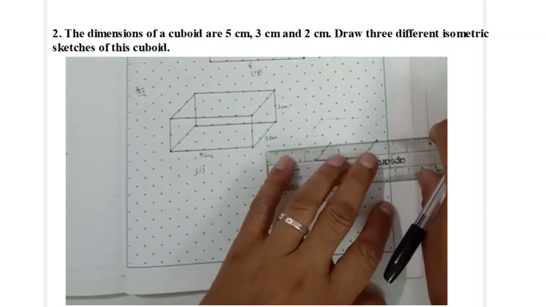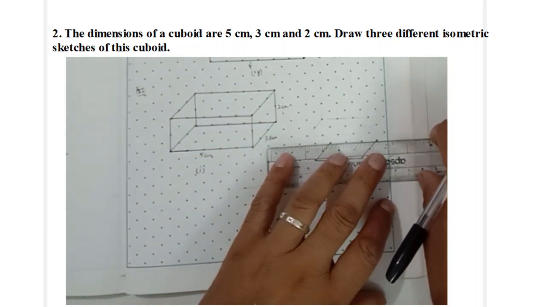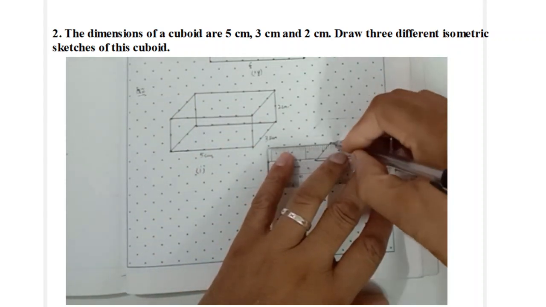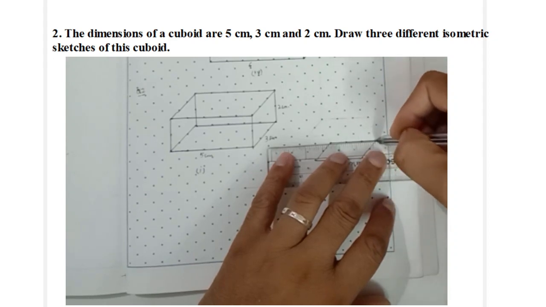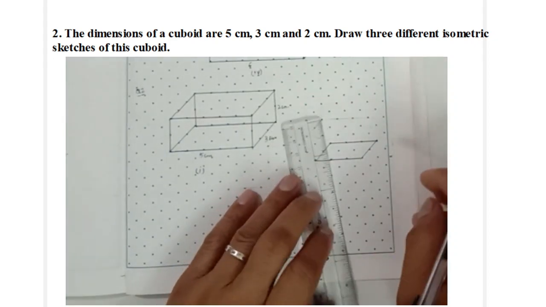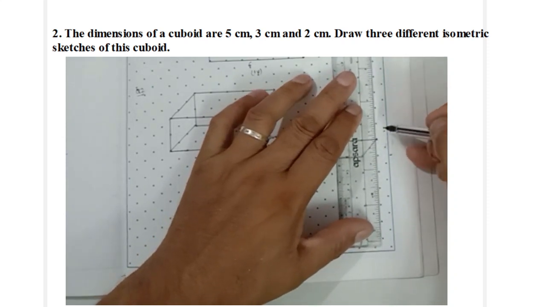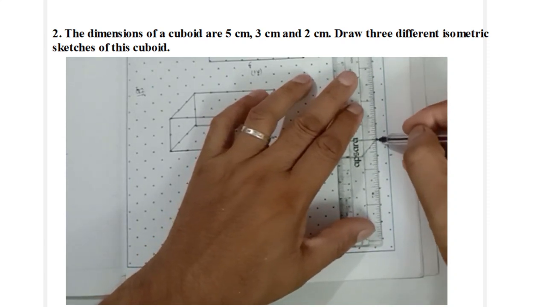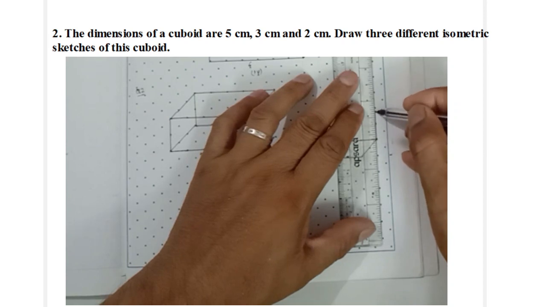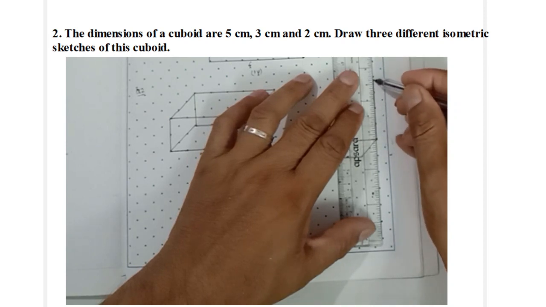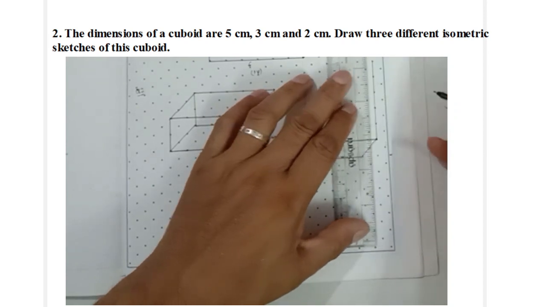This is 3. So 1, 2, 3. Now your height is 5 centimeter. Let us take 5 dots starting from here, 1, 2, 3, 4 and 5.